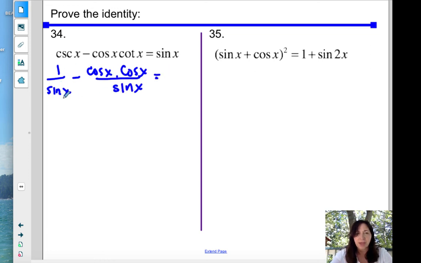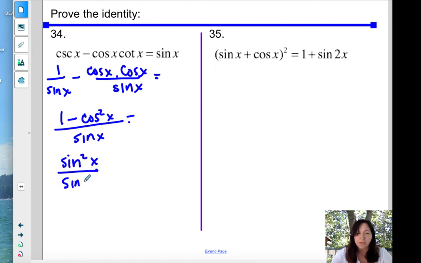And I do notice that both of my denominators are the same. So what I see is 1 minus cosine squared of x over sine of x. And 1 minus cosine squared of x is one of my Pythagorean identities. So that's just sine squared of x over sine of x.